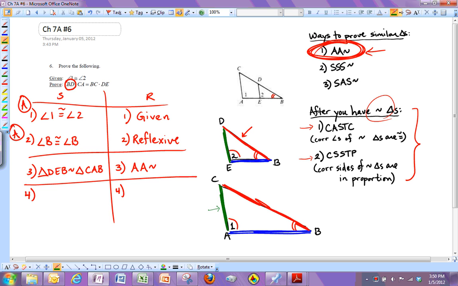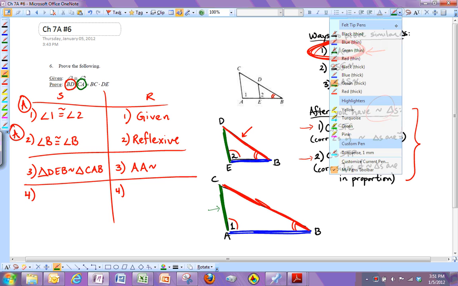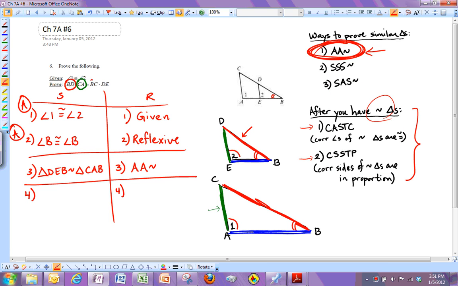So I'm going to circle that one in green. If you look at BC, that's in the big triangle and that's in red. So I'm going to circle that one in red. And then DE is in green in the small triangle. So I'm going to circle this one in green. So what I got to do is somehow figure out a way to get these reds and greens together.